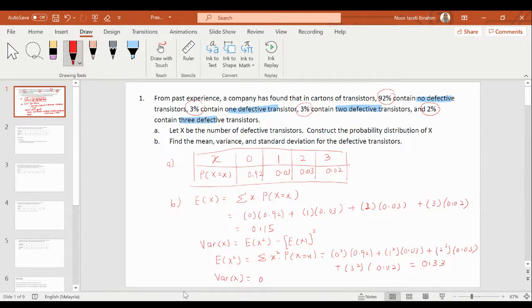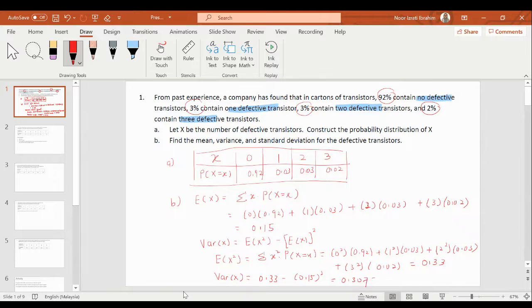Variance will be 0.33 minus 0.15 squared. You should get 0.3075. And to get the standard deviation, we just square root the variance, which is square root of 0.3075. You will get 0.5545.